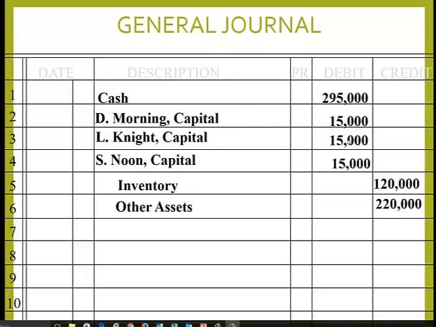So the difference is $45,000. That's our loss. So if we divide that by 3, each partner's capital account is decreased for the loss. To decrease a capital account, remember, you debit it. So each partnership capital account is decreased by $15,000.